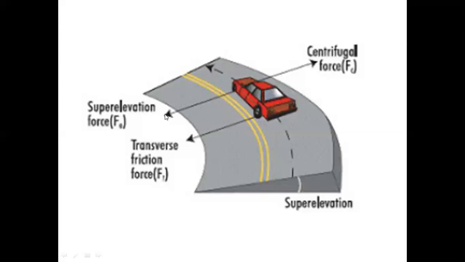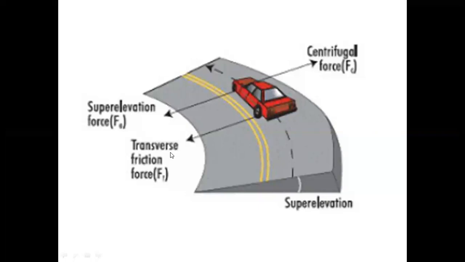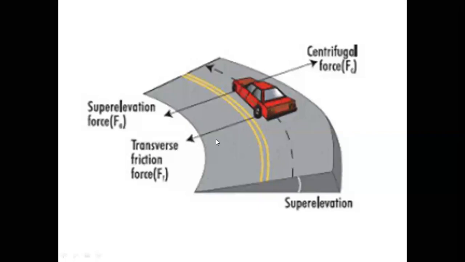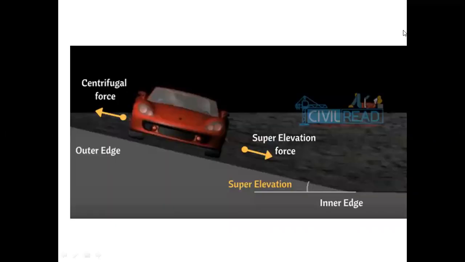The friction force restores against the centrifugal force, it is opposed to the centrifugal force, so there is no overturning or lateral skidding. So in order to avoid overturning and skidding, you just raise the outer edge of the pavement, such that there will be a transverse slope provided to the pavement surface, which is called the super elevation or cant or banking. Got it? You can see here.